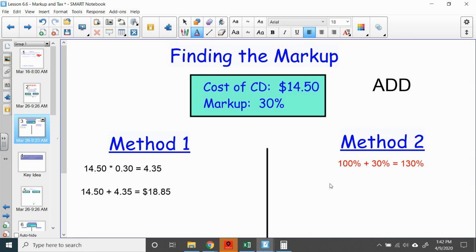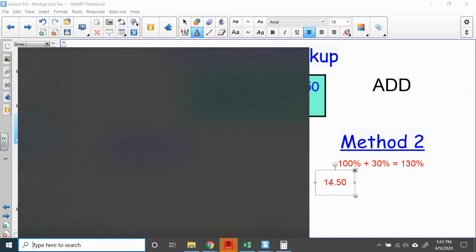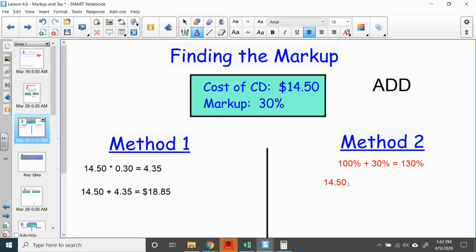And what I would do for my percent equation is I'd take the CD price, $14.50. Oops, hit the wrong button. So $14.50 times 130% as a decimal. So it'd be 130 hundredths. So that would be 1.30.